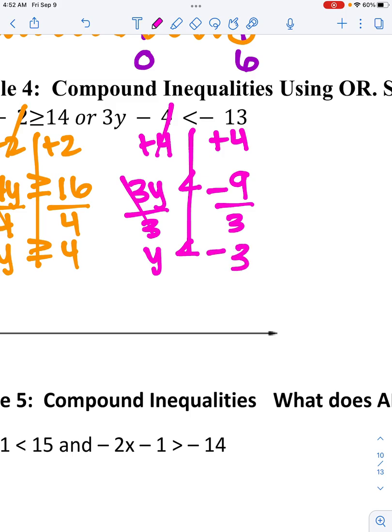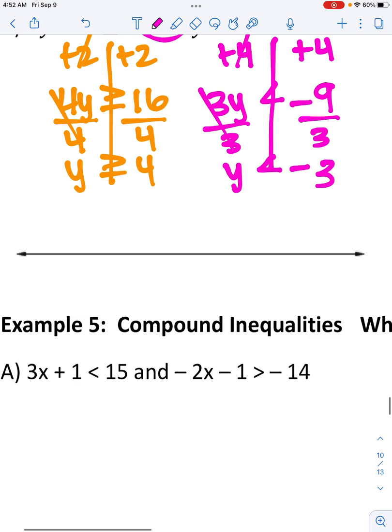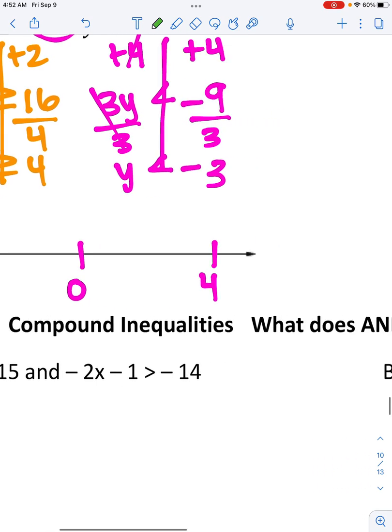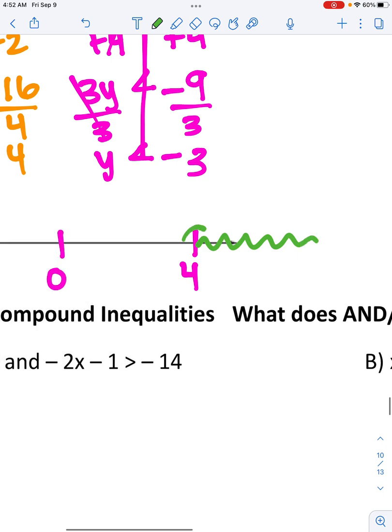And remember, this was an "or". So if I go to my number line, we're looking at 4 and negative 3. If I put 0 here, 4 would be over here, negative 3 would be about right there. And then this is saying that y is greater than or equal to 4, so that's going this way, and it's a closed circle.